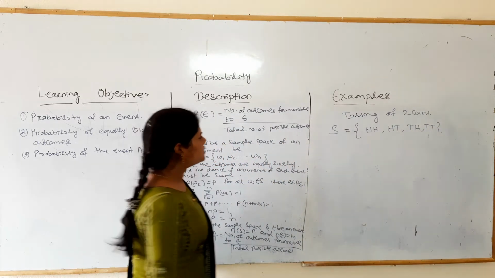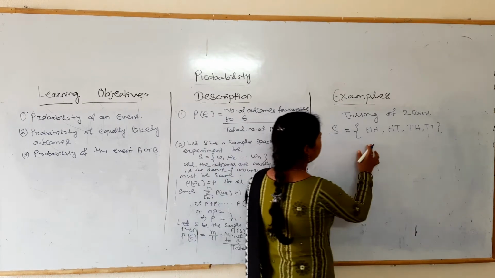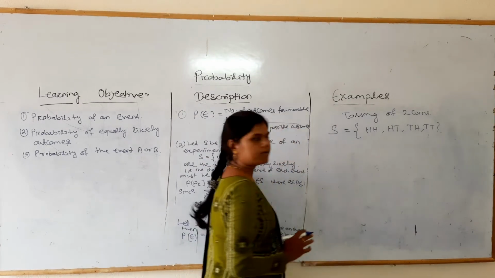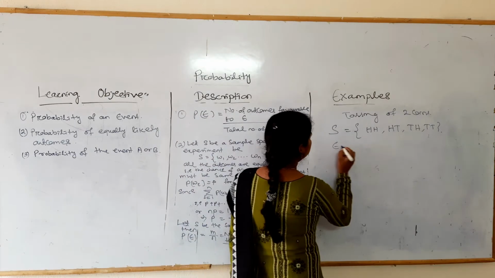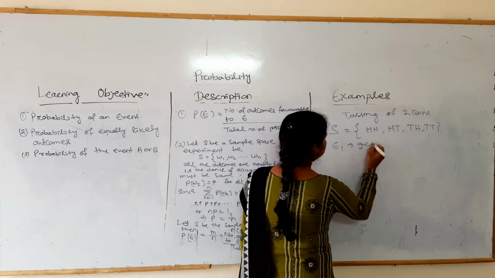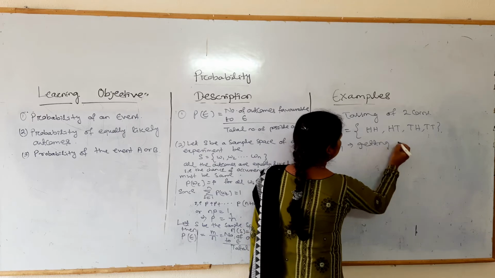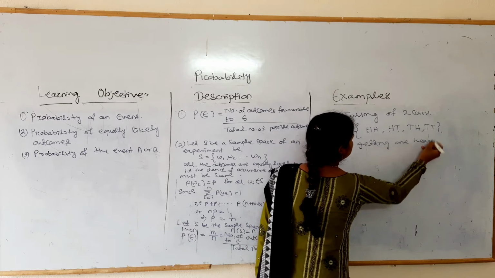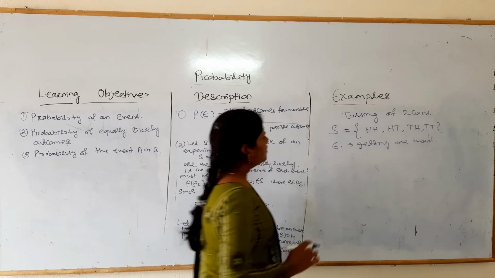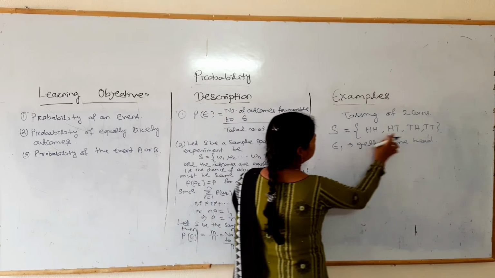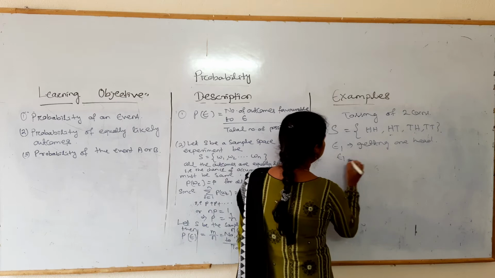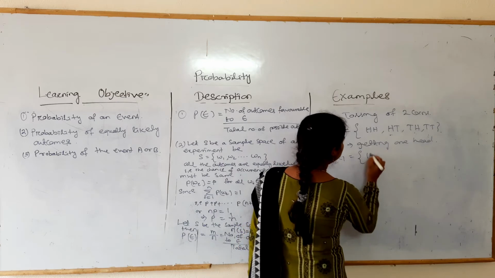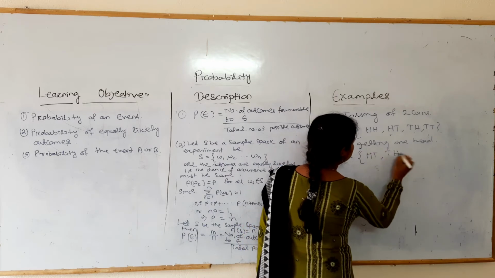Suppose the question is to find the probability of getting a head. That means E1 is the event of getting 1 head. In this random experiment, these 2 outcomes have 1 head. So the E1 event has elements HT and TH.